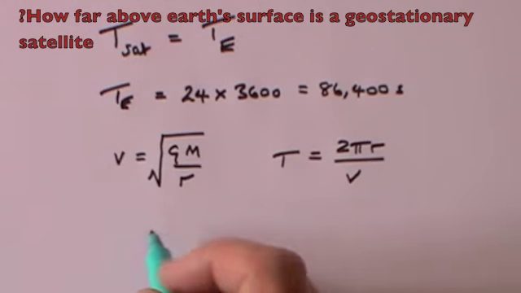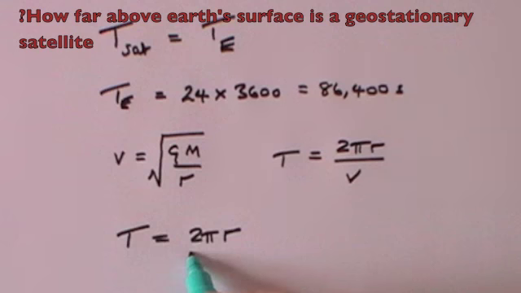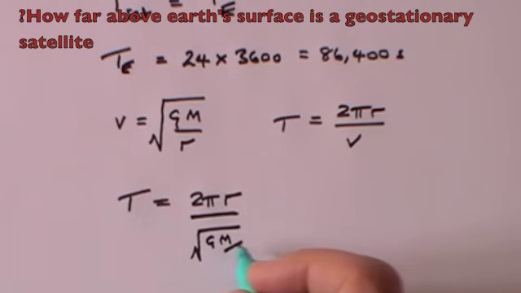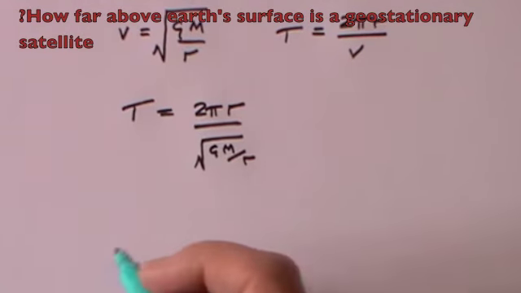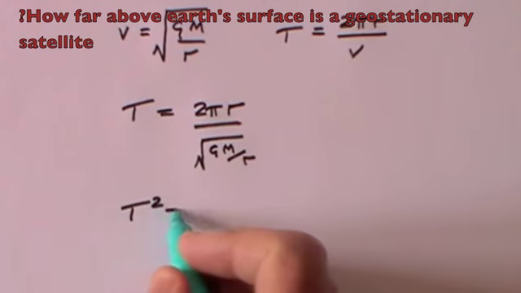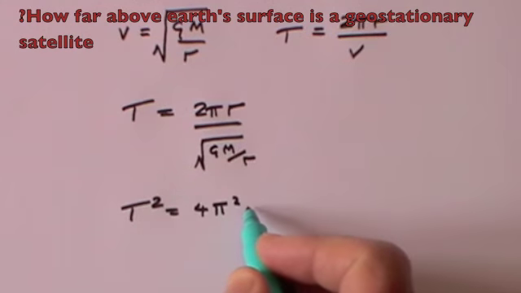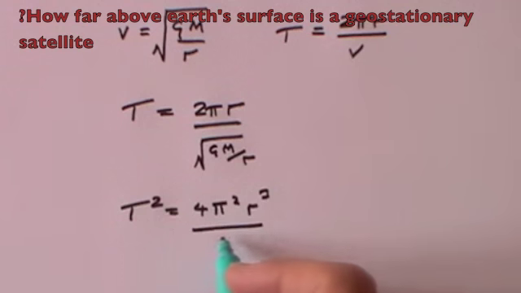So now if you take T as 2 pi r divided by v, that is divided by the square root of GM over r. And if you simplify that, well, effectively what you do is you square both sides of that equation, and that gives you that T squared is equal to 4 pi squared r cubed over GM.